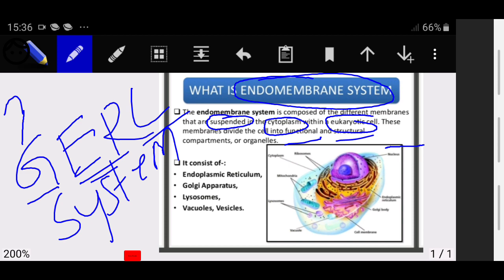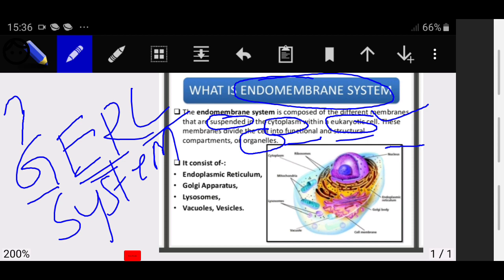Organelles are those present inside the cell. It may be a eukaryotic cell or prokaryotic cell, but eukaryotic cells are very well defined and advanced cells, mostly present in multicellular organisms like human beings and all the animals, right? Prokaryotic cells are like bacterial cells.